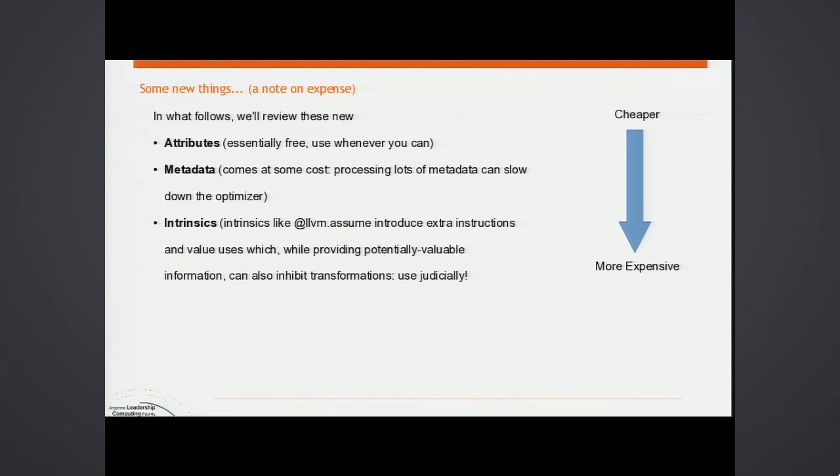Then comes metadata, which is an interesting case. Metadata is not overly expensive. It generally doesn't interfere with optimization. But it's not really free. If you generate gobs and gobs of metadata, then you are going to slow down the optimizer as it has to process all of that stuff. The way that metadata is stored and manipulated is generally in terms of strings, string maps, and hash lookups.